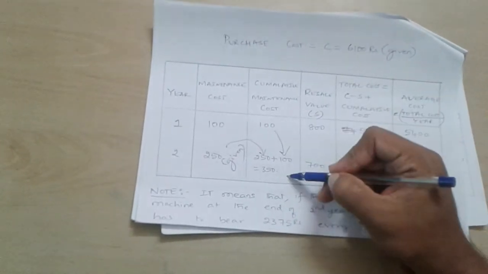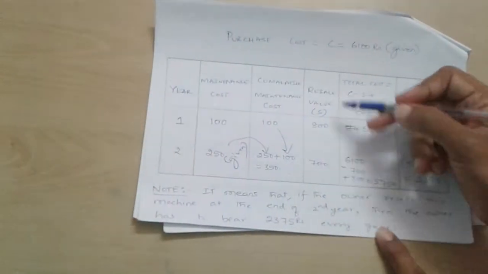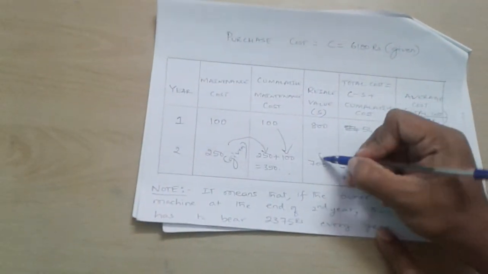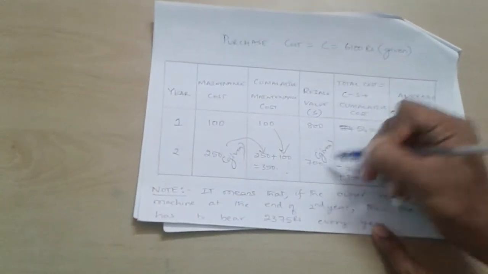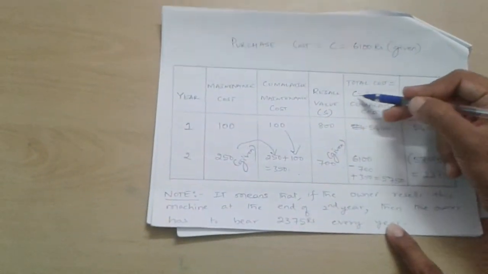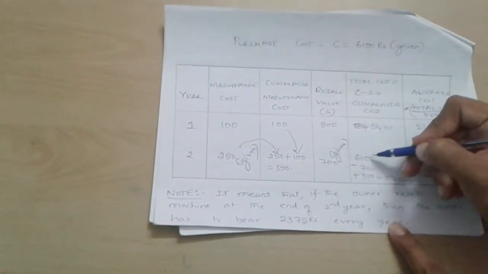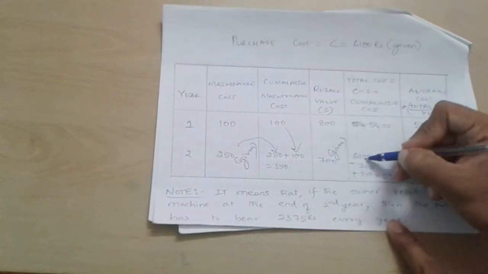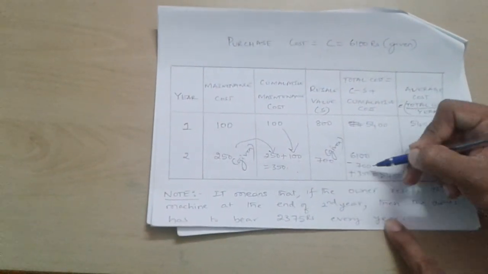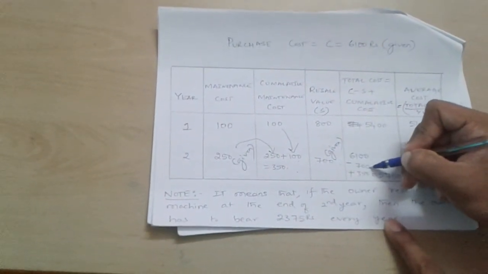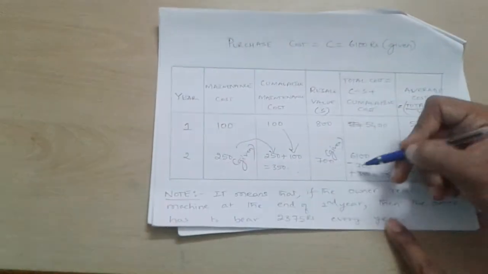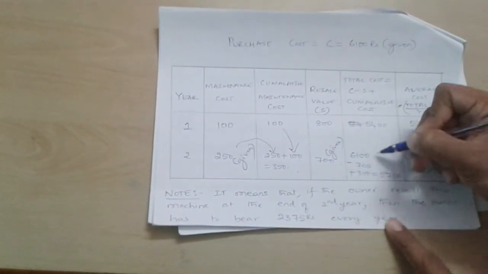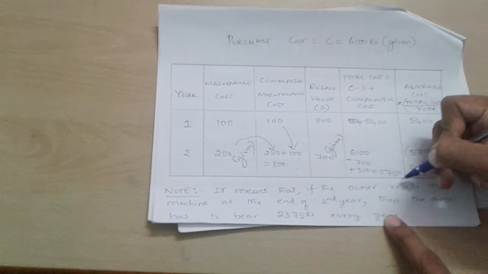Resale value is 700, which is given. Again we calculate C minus S plus cumulative maintenance cost: 6100, 700 is the resale value at the end of the second year, and the cumulative maintenance cost is 350. So the total is 5750.